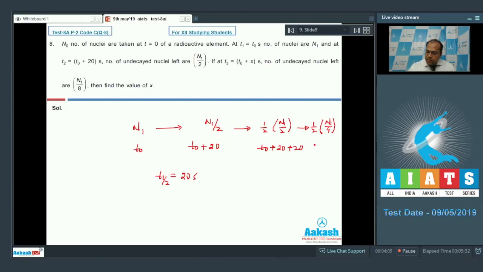So this is at time t0 plus 20 plus 20 plus 20. So the number of undecayed nuclei left at time t0 plus x is n1 by 8. On comparison, the value of x comes out to be 60. So the correct answer for question number 8 is 60. Let's move to question number 9.